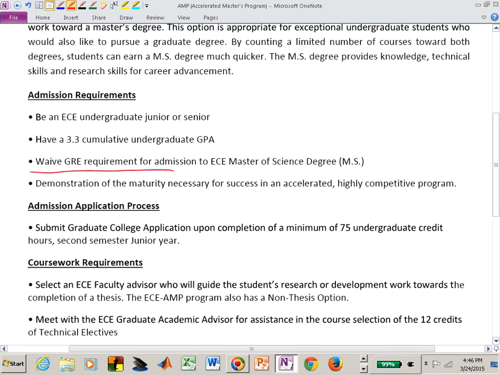So the question from the audience concerns, what if we do the AMP, start the AMP? You're not completing it. I'm assuming it's not being completed here at the U of A. You take some graduate level courses while you're an undergraduate student.